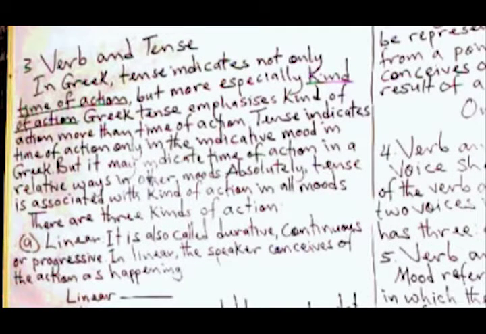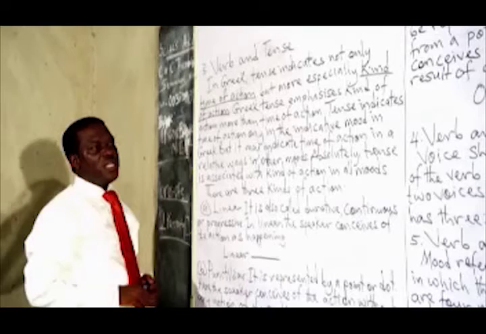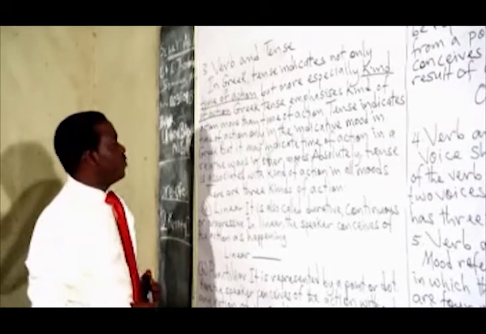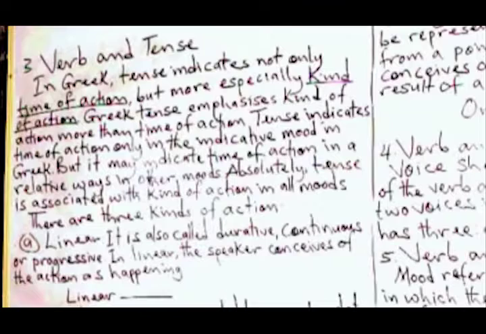Greek tense emphasizes kind of action more than time of action. Tense indicates kind of action only in indicative mood in Greek, but it indicates kind of action in relative ways in other moods. Absolutely, tense is associated with kind of action in all moods.